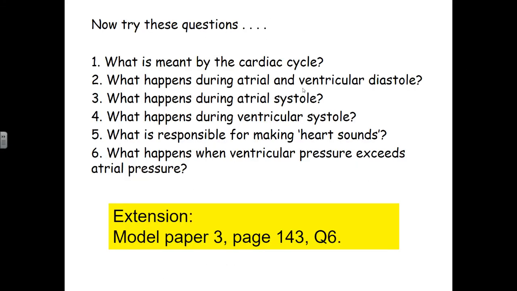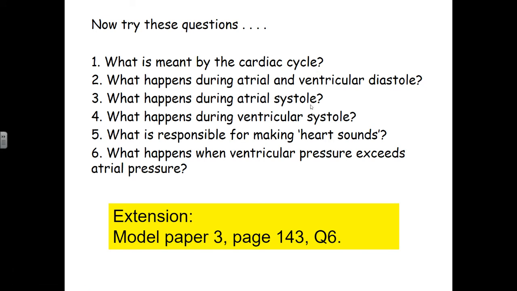So the cardiac cycle is the transition between the diastolic phase, the atrial systole, ventricular systole, and back to atrial and ventricular diastole. In atrial and ventricular diastole, all the muscles of the heart are relaxed and it passively fills with blood because of the pressure in the arteries and veins.